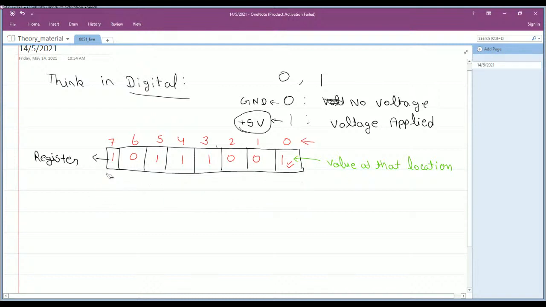Now, coming to the different notations, let's say there are these four bits in a combination. A combination of 4 bits is known as a nibble. So these are the lower 4 bits, which is the lower nibble, and this is the upper 4-bit combination, which is the upper nibble.